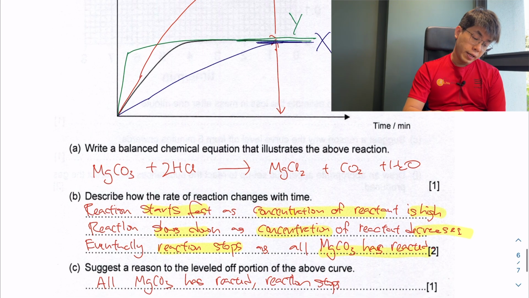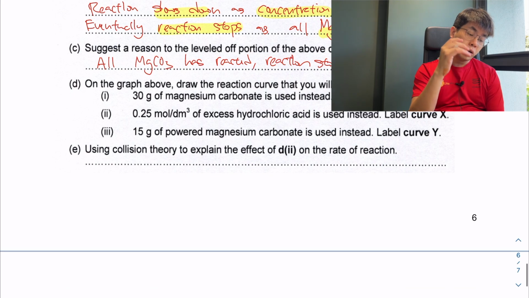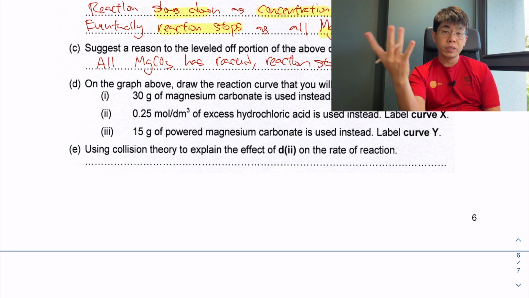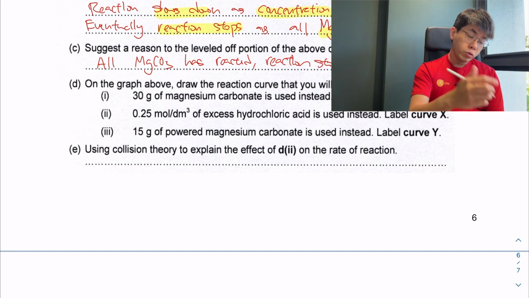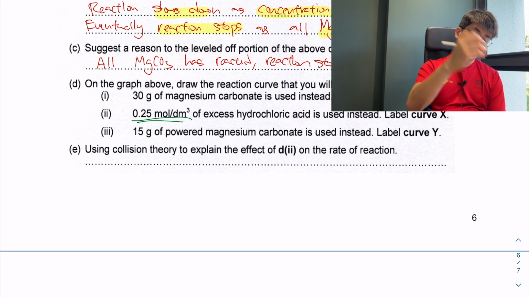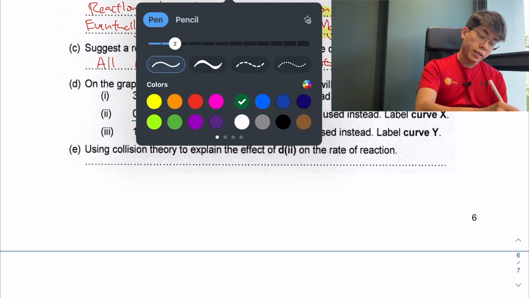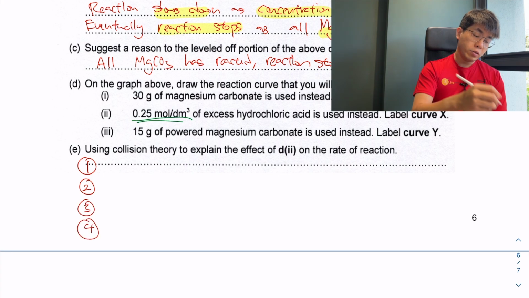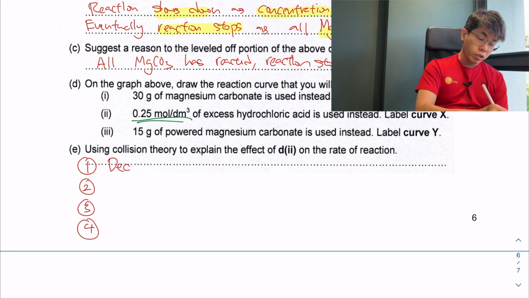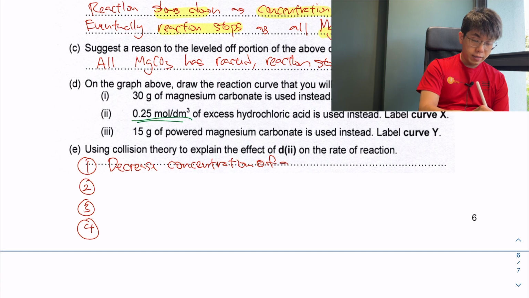Okay, let's answer the last question now using collision theory, which is basically the frequency of effective collision, to explain the effect of D part 2. D part 2 is concentration decrease. Remember, when we are explaining, it's always a 4-step explanation. Let's write 1, 2, 3, 4. D part 2 is when we decrease concentration of acid.